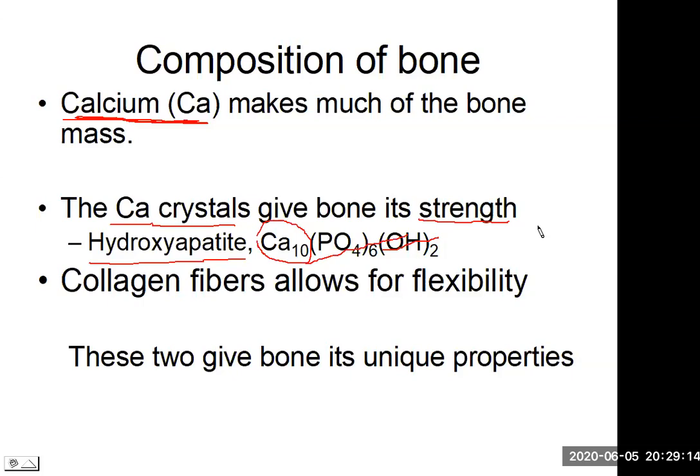However, there is some degree of flexibility in the bone tissue, and this is afforded by the connective tissue collagen fibers. So having this blending of both the strong calcium deposits, yet some degree of flexibility from the collagen fibers, this is truly what makes up this unique tissue and properties of bone. It's rigid.